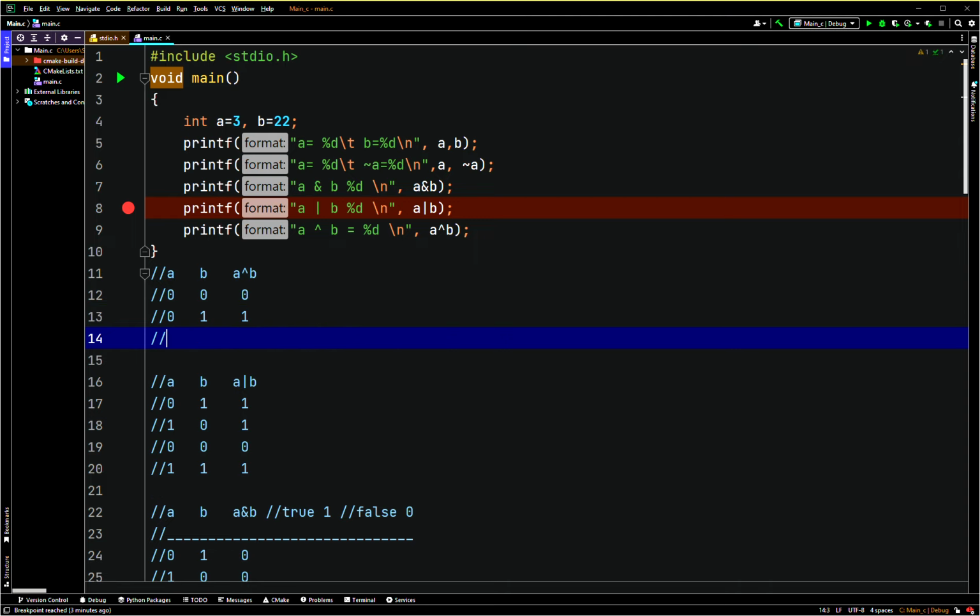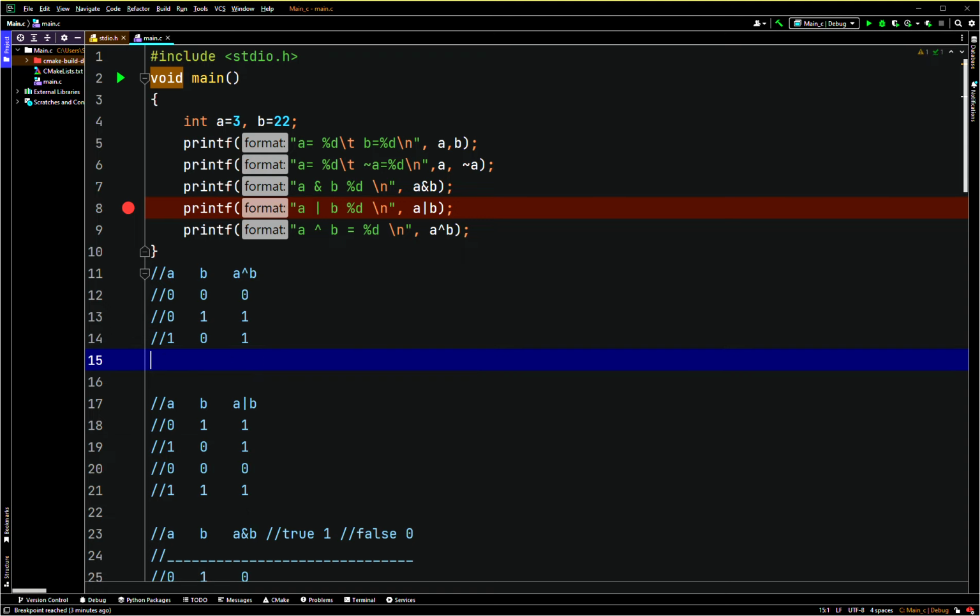So if A is equal to 1 or true, and B is equal to 0 or false, then A XOR B is going to be 1 or true. So 1 or true only if it has 1 that is true and 1 that is false. So this one's kind of confusing.